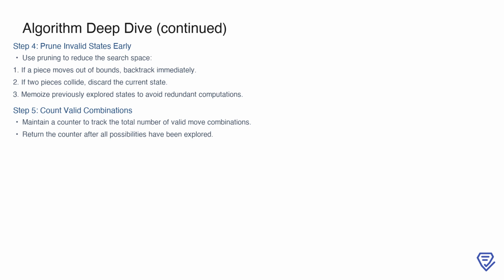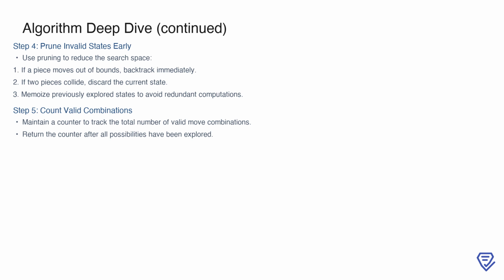Next, we optimize the process by pruning invalid states as early as possible. For example, if a move takes a piece out of bounds, the algorithm immediately backtracks from that state. Similarly, if two pieces occupy the same square, the current sequence is discarded. Memoization is another key technique here, as it allows us to store and reuse results of previously explored states, reducing redundant computations.